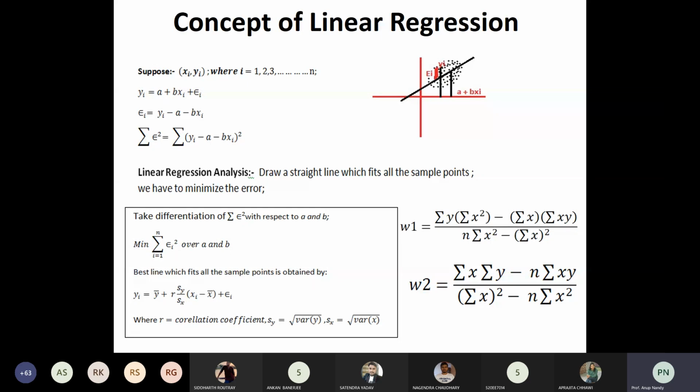We simply have this formula, the same way that we have done. You know this: summation of x square into summation of y minus summation of x into summation of x y, over n into summation of x square minus the whole square of summation of x.